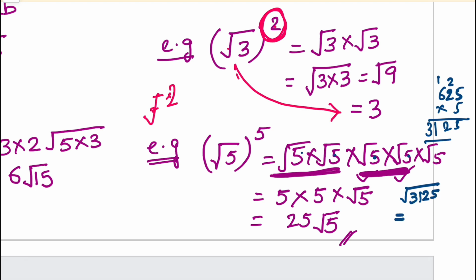Then again with 3125 you will have to find the closest square numbers. We are going to do such difficult questions in the next video. That will give you 25 times 25 times 5, and that gives you 25 square root of 5. But I prefer the first method, where you can split them around and work in batches rather than working it together as a big number.